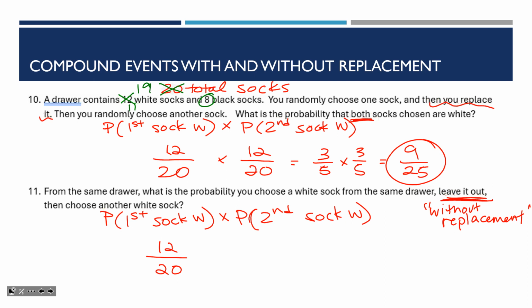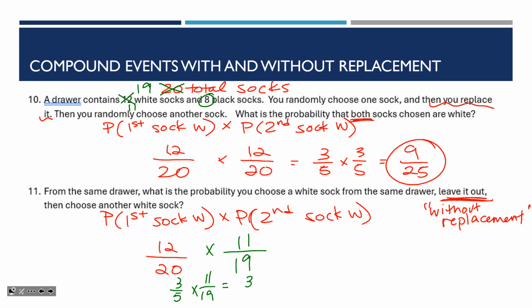So now what's the probability that the second sock is white? Well, now there's only 19 total socks, and only 11 of them are white. So without replacement changes the probability of the second event. So now I got to multiply these things together. Again, I'm just going to real quick reduce 12 over 20 gives me 3 over 5 times 11 over 19.